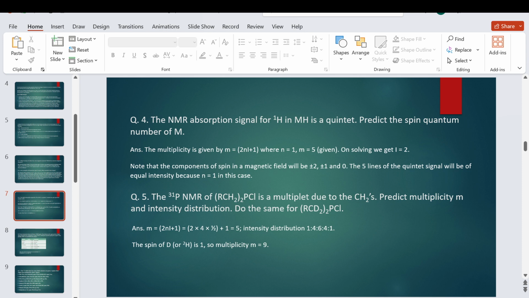So 2 into 4 into half plus 1 equal to 5. Intensity distribution will be given by Pascal's triangle rule, 1, 4, 6, 4, 1. If hydrogen is replaced by deuterium, then the multiplicity will be 9 because for deuterium spin is 1. For hydrogen it is half.